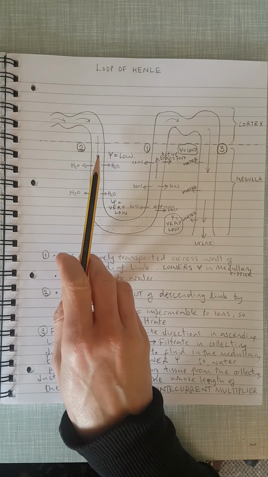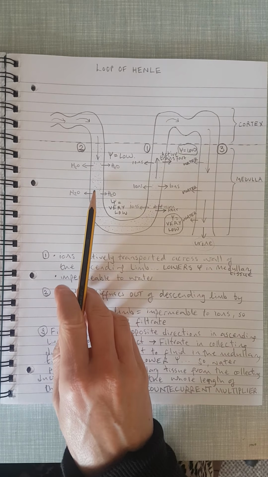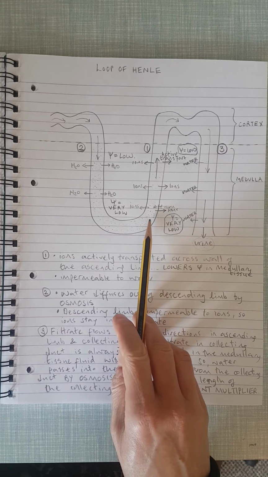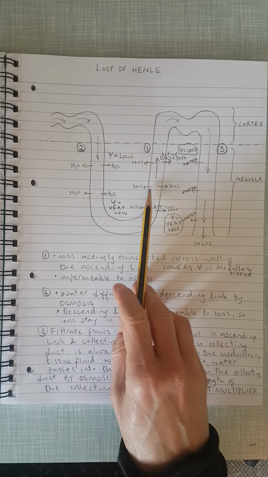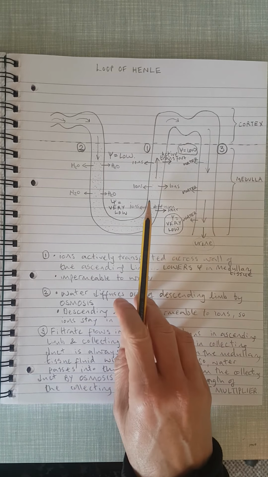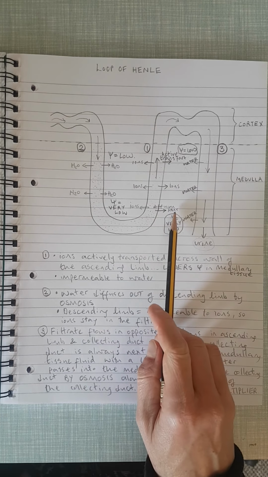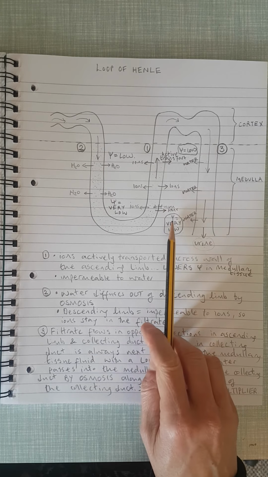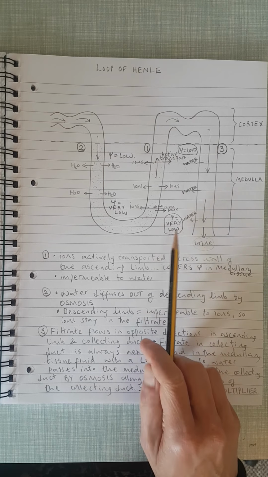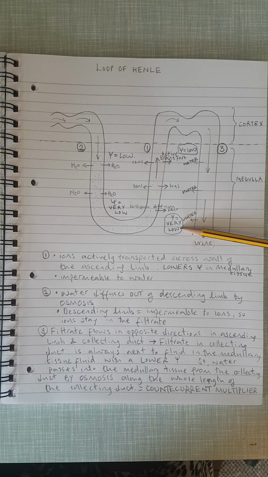The water moves out of the descending limb, leaving behind lots of ions which can continue to be transported out of the ascending limb. We have a situation where there are far more ions at the bottom of the loop of Henle, and so a much, much lower water potential.